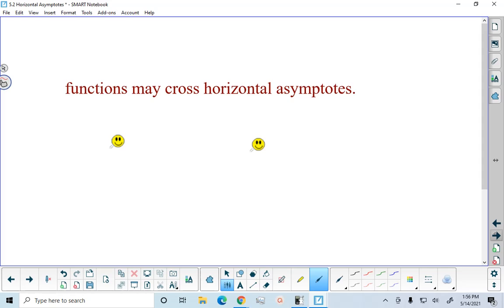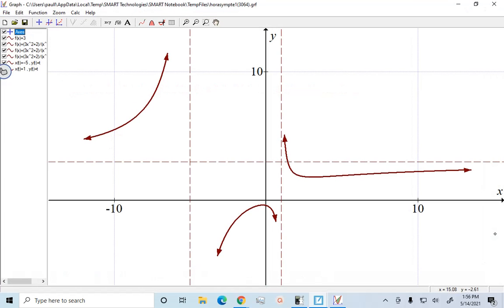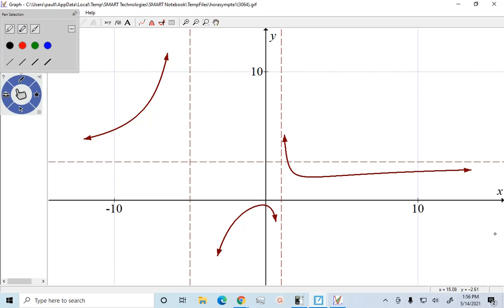All right, functions can cross horizontal asymptotes. I want to explain to you why, because it is a little bit worrisome that they do. The reason why a function cannot cross a vertical asymptote, so right now what I am looking at, everybody, is this vertical asymptote here.